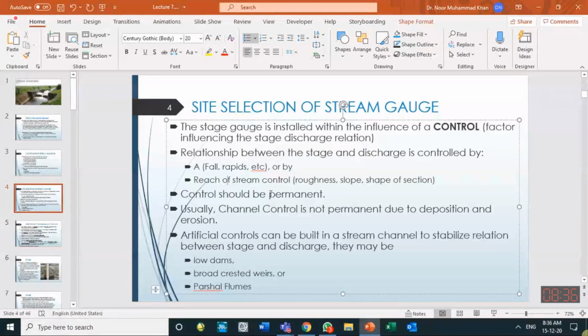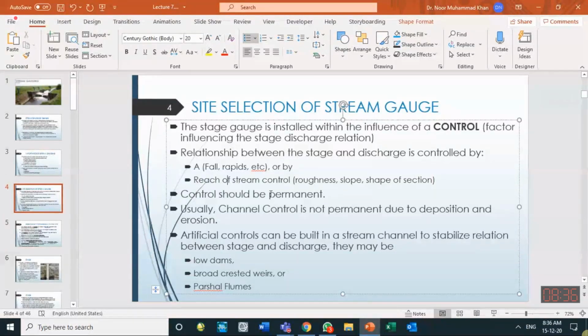If you remember Manning's formula, V is equal to 1 over n, R power 2 by 3, S power half. That will tell you what parameters are controlling the velocity and so the discharge, because velocity multiplied by flow area gives us the discharge.